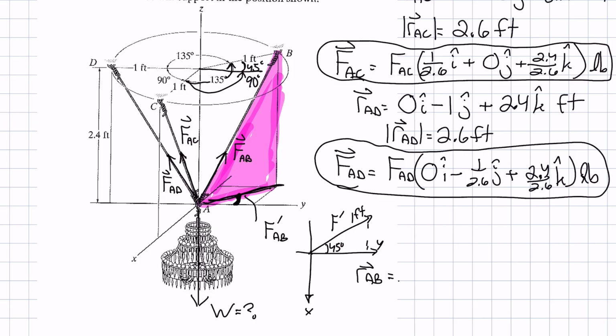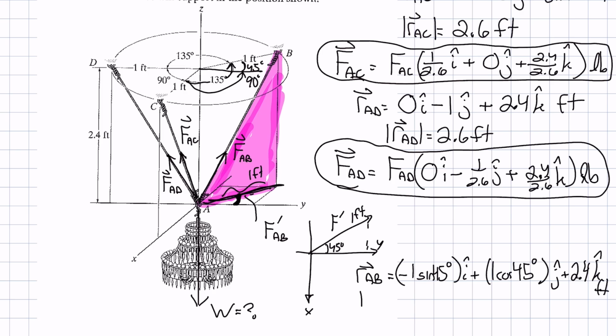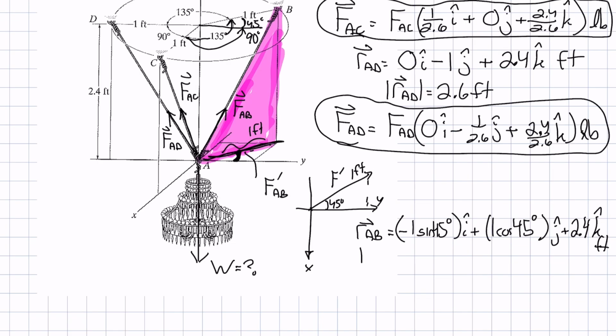RAB is going to have a magnitude of minus 1 foot sine 45 degrees for I hat, cosine 45 degrees for j hat, and we don't even have to do anything else fancy because we already know it's 2.4 feet up in the positive z hat. So I can just write it as plus 2.4 k hat feet.